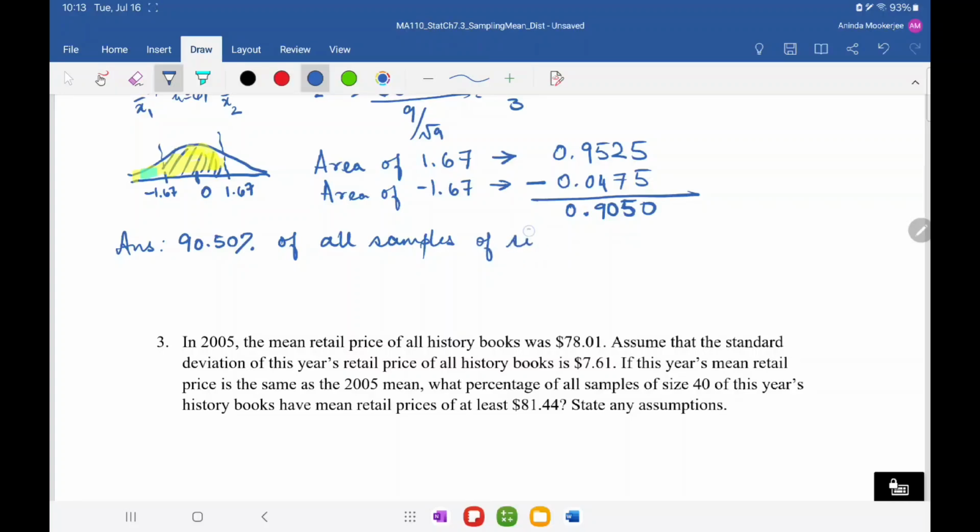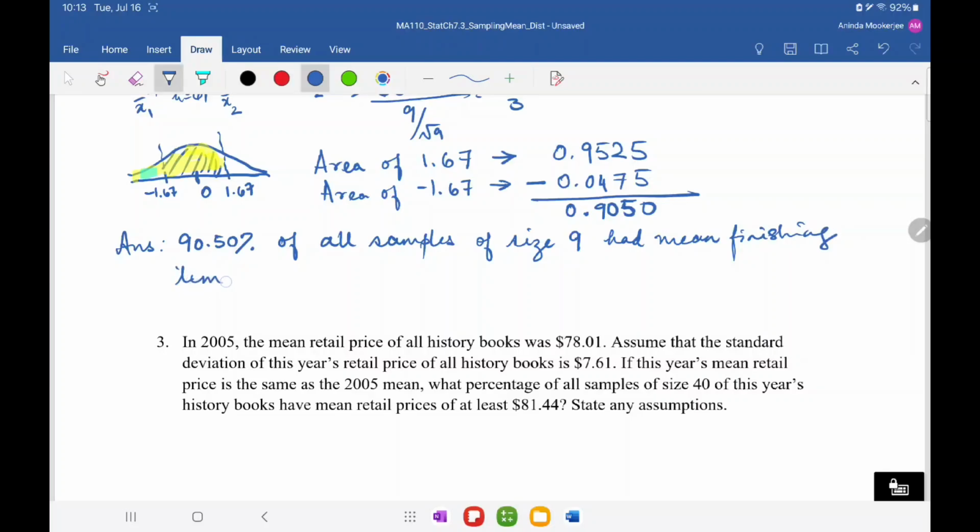You do have to state the size in your interpretation because this area would have been different if we used a different sample size. So 90.50% of all samples of size 9 had mean finishing times. Mean finishing times. You can just take the wording from the question.